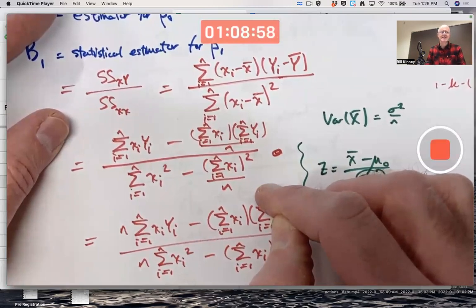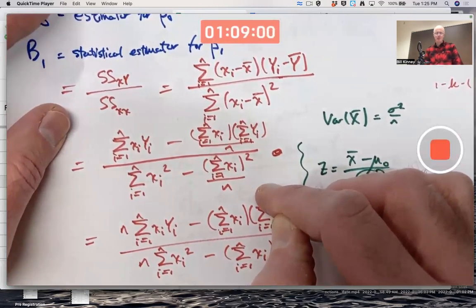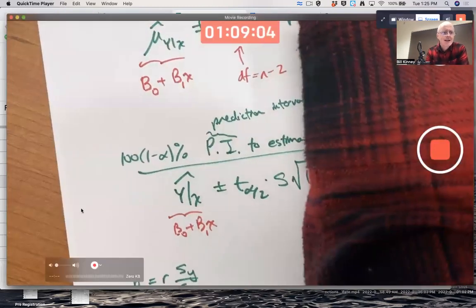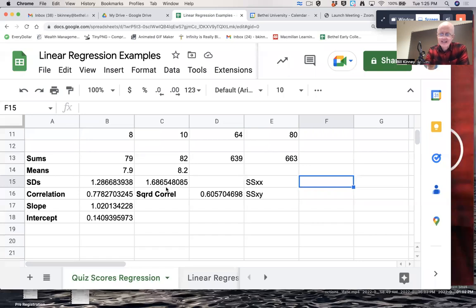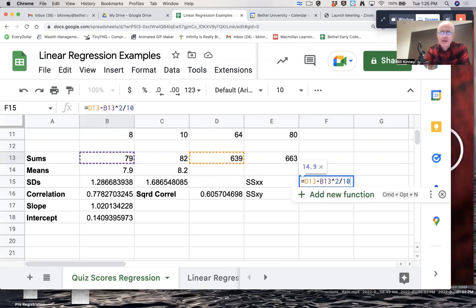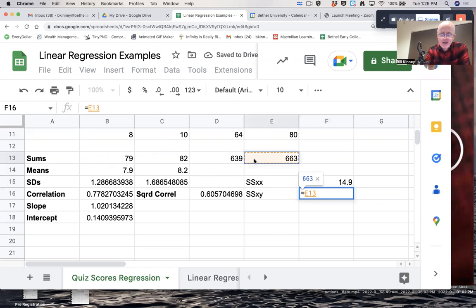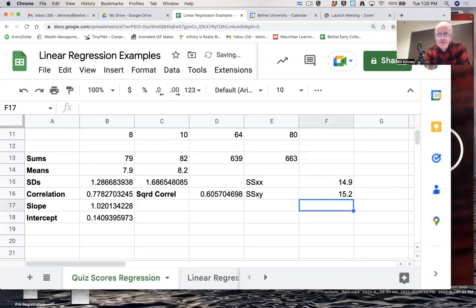I don't think I did this last Thursday. SSXX is the sum of the x squared values minus the sum of the x's squared over 10. Maybe I did do this last Thursday. 14.9. SSXY is this summation minus this times this over 10.